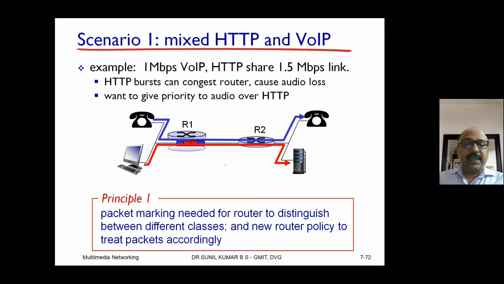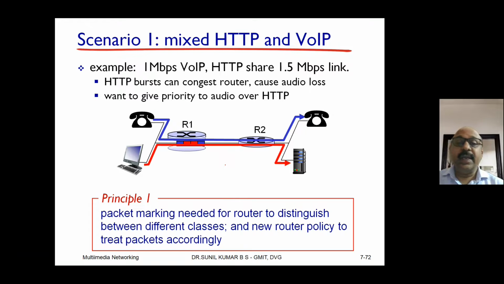Now let us go with the different scenarios. The first scenario is mixed HTTP and VoIP communication. If this is the case, how exactly do we approach the design of the network? HTTP communication is more or less text communication.